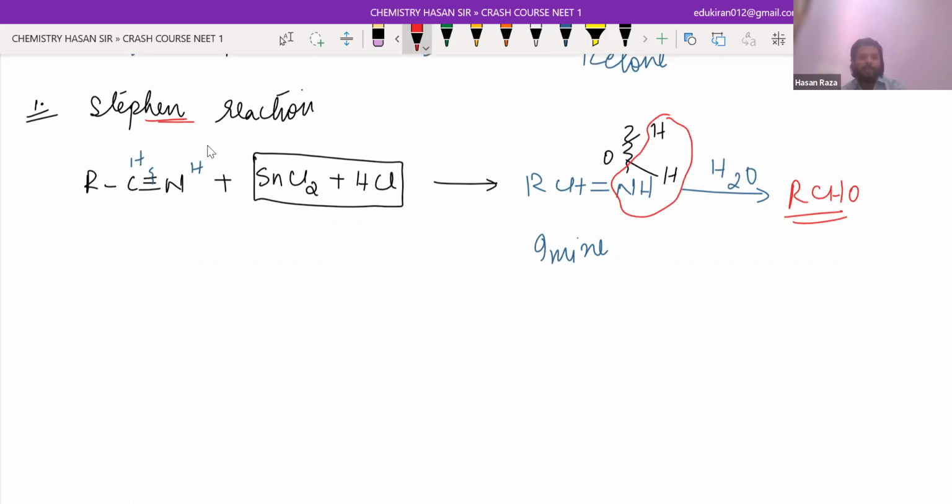This is a name reaction which is known as the Stephen reaction. In the Stephen reaction you react nitriles with stannous chloride, then you get imine. After getting imine, you react it with water and you get aldehyde. Is that clear? Please do let me know.